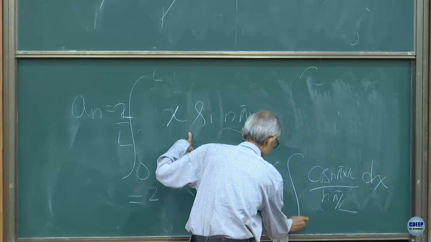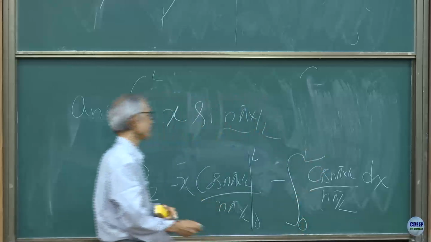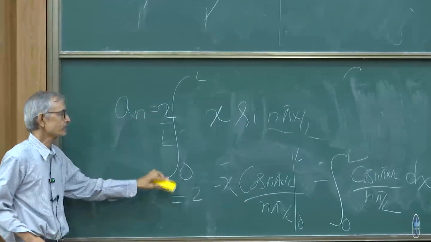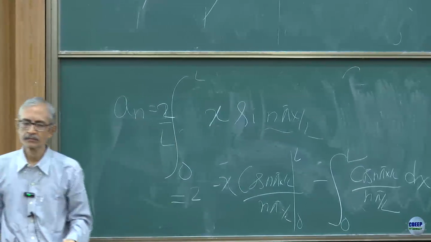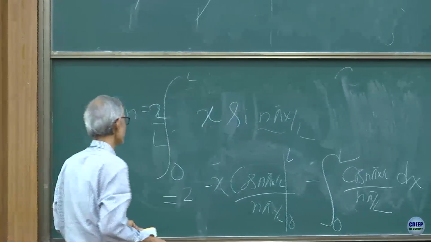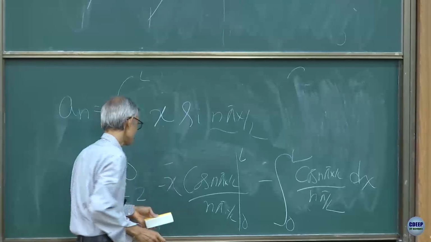This is 1, and this is going from 0 to L. Okay. So such manipulations are fairly straightforward, and you are expected to be able to do such things.